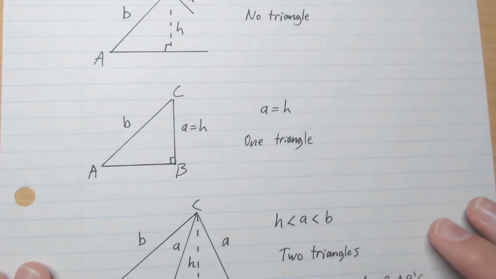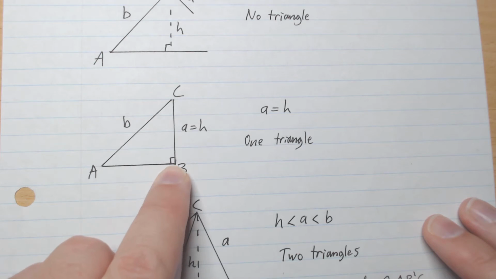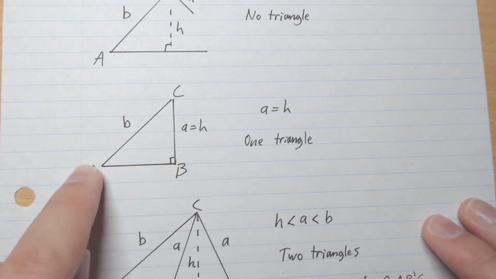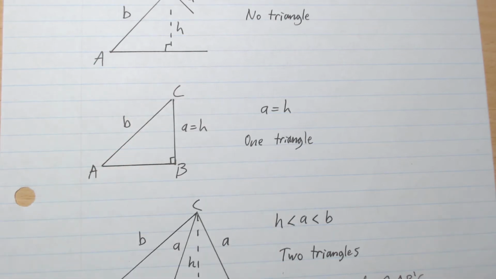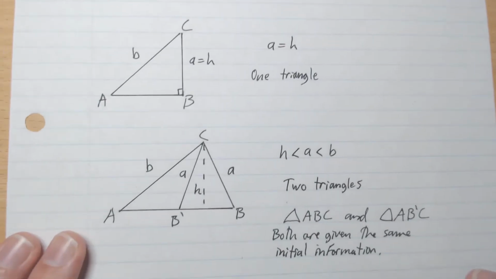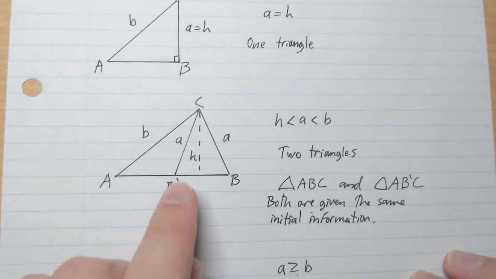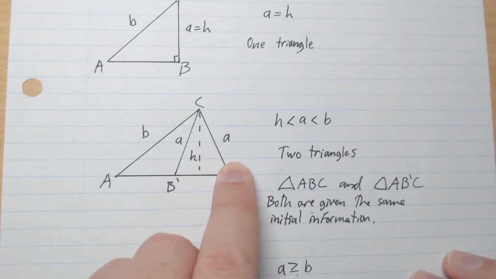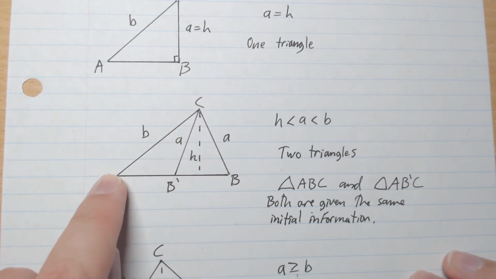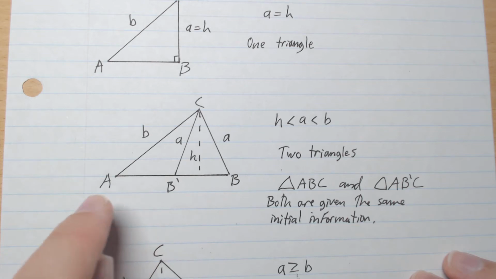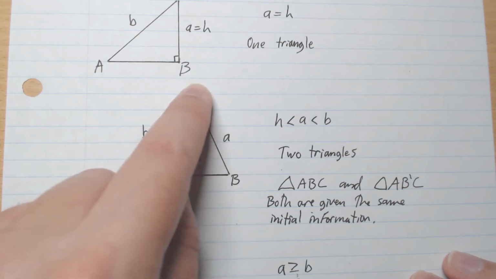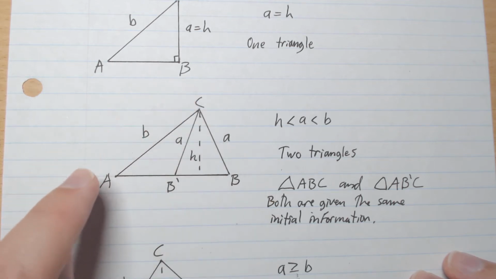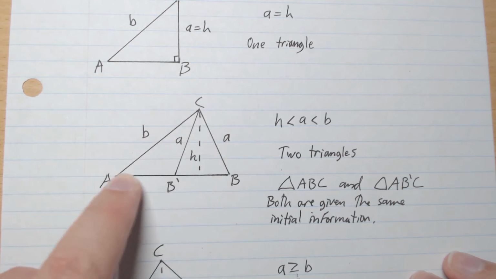Okay, the next case, we have A equal to H. This gives one triangle. It's a right angle triangle. The next case is if A is bigger than H, but less than B. This gives two triangles, ABC like this, but also another triangle, AB prime C like that.